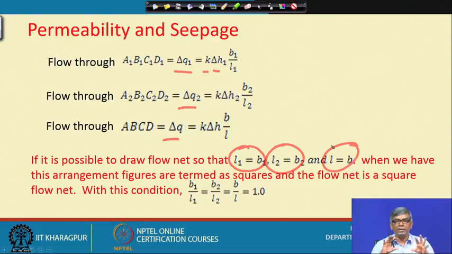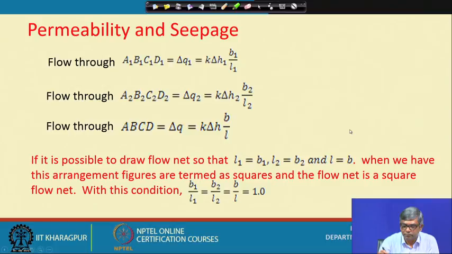I have to make the net in such a way that all blocks will be approximately square. They may not be of equal size, but each block will look like a square. When you do that, B1 by L1, B2 by L2, B by L equal to 1.